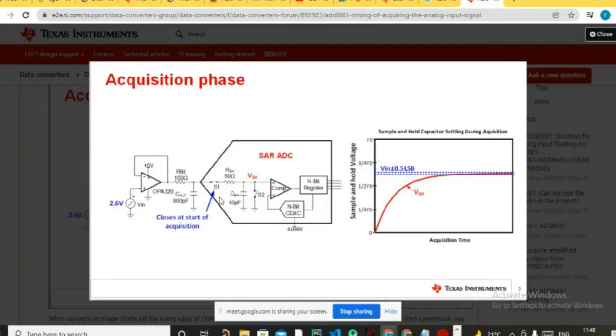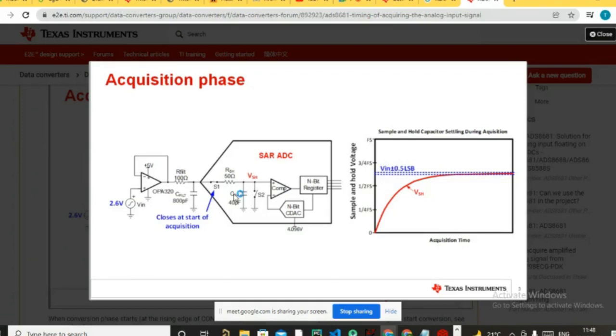What this sampling and hold capacitor does is, whenever there is an acquisition window of certain timing, this switch gets closed and your capacitor will get charged, for a time like 19 nanosecond, 300 nanosecond, 1400 nanosecond, whatever. That is the time required to charge your sampling and hold capacitor to the output of this amplifier.